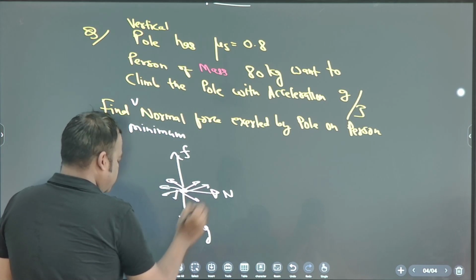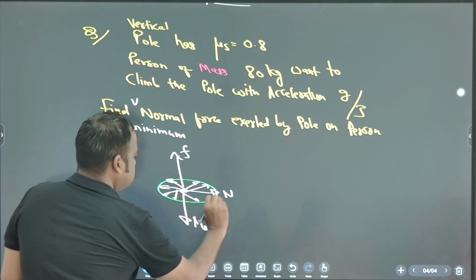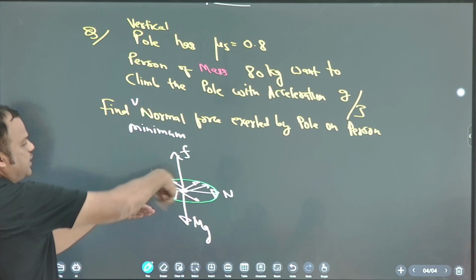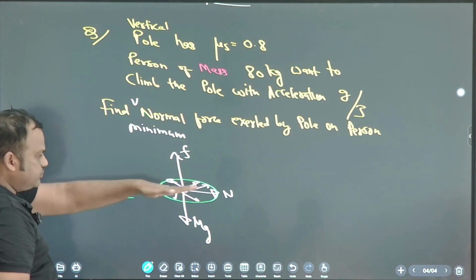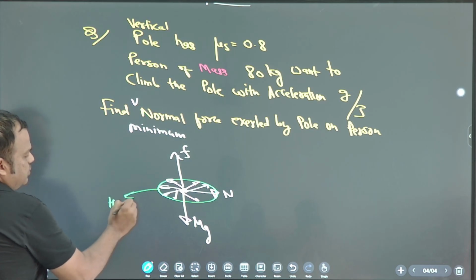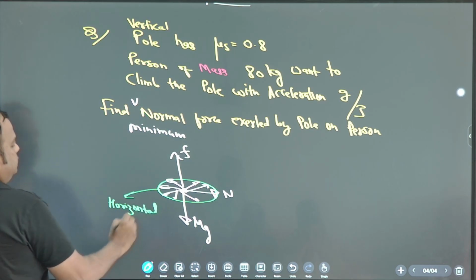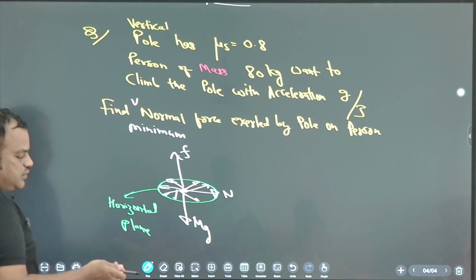Normal is horizontal. I have drawn one circle, right? What type of circle is this? It is horizontal. This green color I have drawn here is the horizontal plane.